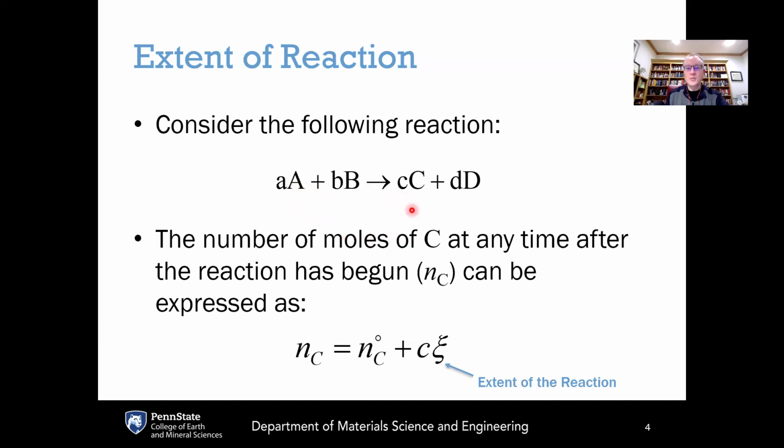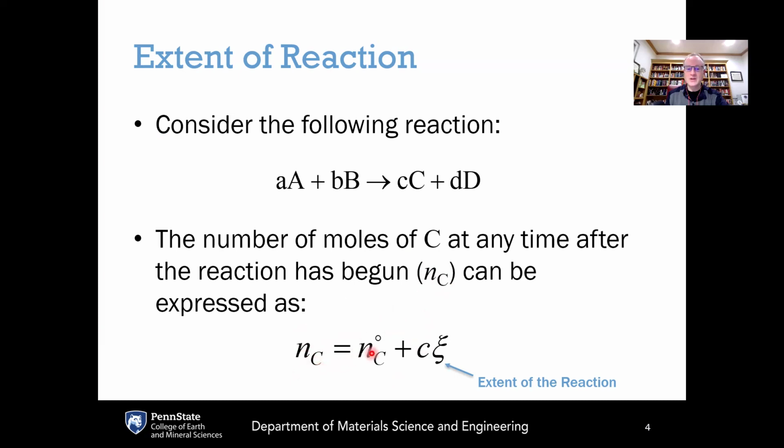Now, the number of moles of this capital C at any time after the reaction has begun can be denoted as this n sub C. So the little n here is the number of moles, and the subscript is the species. So this is the number of moles of C. And we can express this with the following equation here.